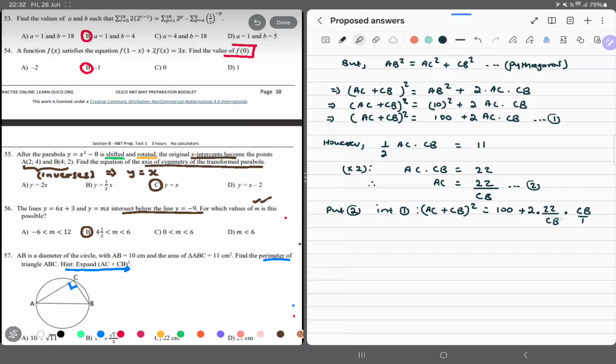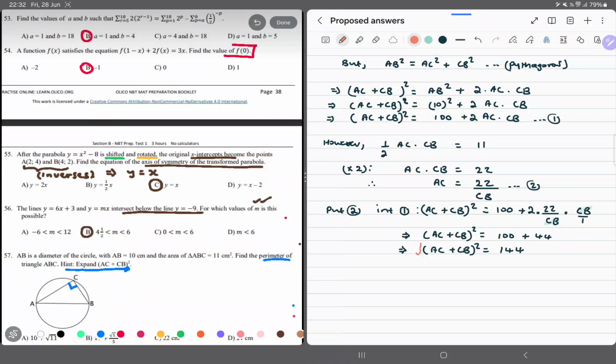Now we can see clearly that CB will take care of CB, and the numerators multiply, the denominators multiply. So this implies that AC plus CB all squared is going to be equal to 100 plus 44. Right. So this means that AC plus CB squared is basically 144.